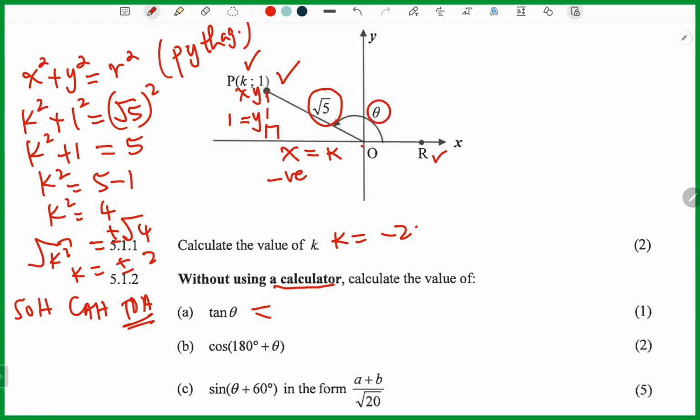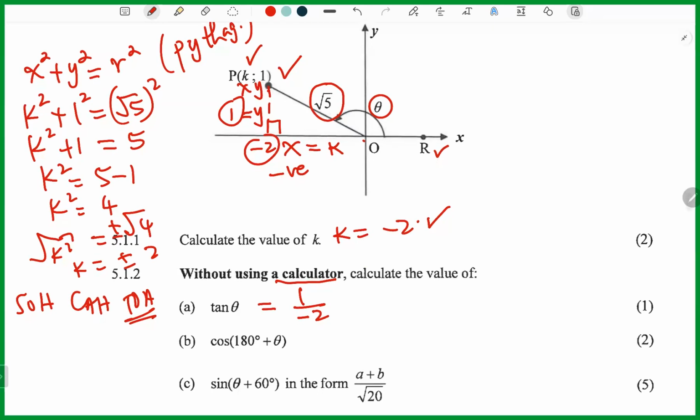The opposite is the y, which is exactly 1, and over the adjacent is the x value, which is minus 2. So this becomes exactly minus 1/2.